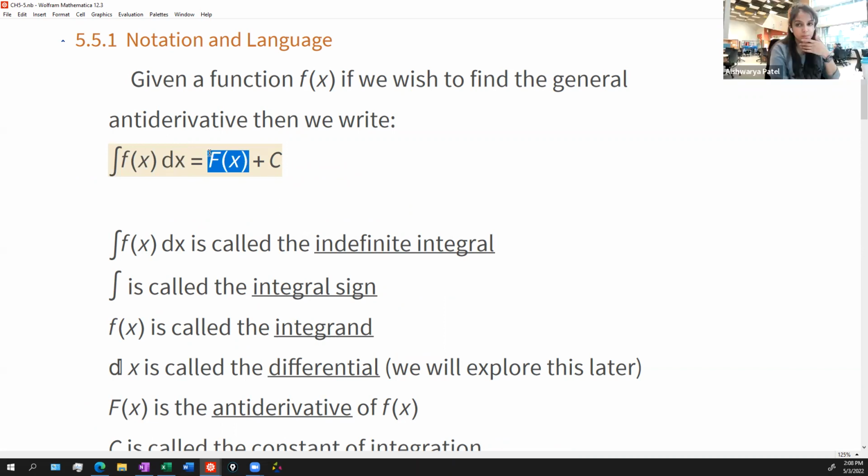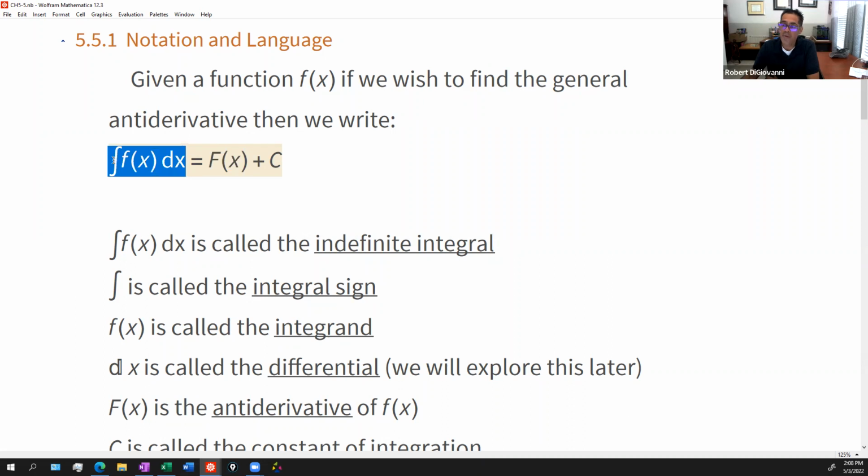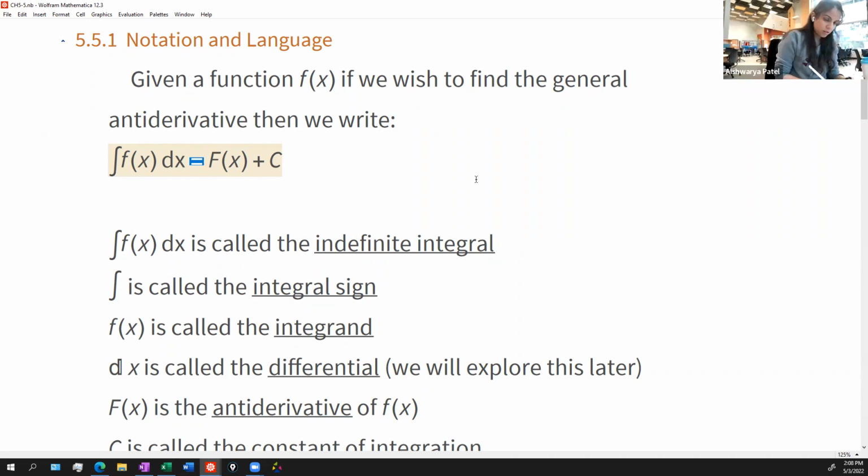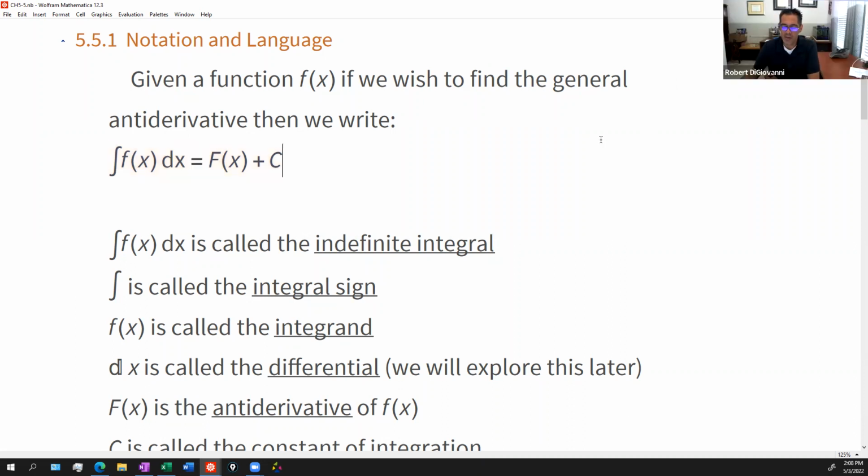So you wouldn't want to call capital F of x the indefinite integral. You would want to call that the antiderivative. The left side you would call the indefinite integral, but they are equal to one another. Gotcha. That makes sense. Good question. I understand the confusion, because it's almost like there are two names for the same thing, but it's really one name for each side, and they are equivalent.